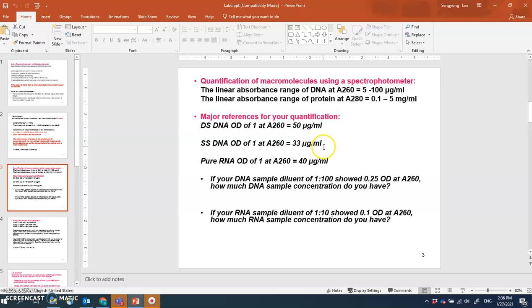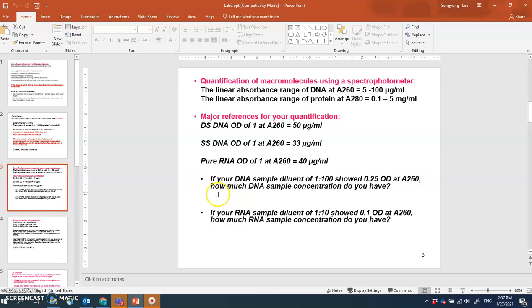And if you have RNA instead of DNA, RNA molecules are all single-stranded, right? So they have different structure, and they have U's instead of T's. And it turns out one absorbance OD, 260 nanometer, is about 40 microgram per mil. So RNA molecules absorb a little less light than DNA that's single-stranded.